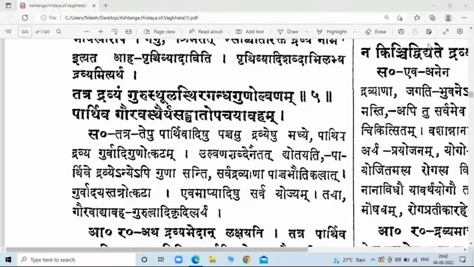Then the fourth one is sankhya. What is sankhya? Sankhya syad ganitam, as Charaka says. So the act of enumerating, gananam.